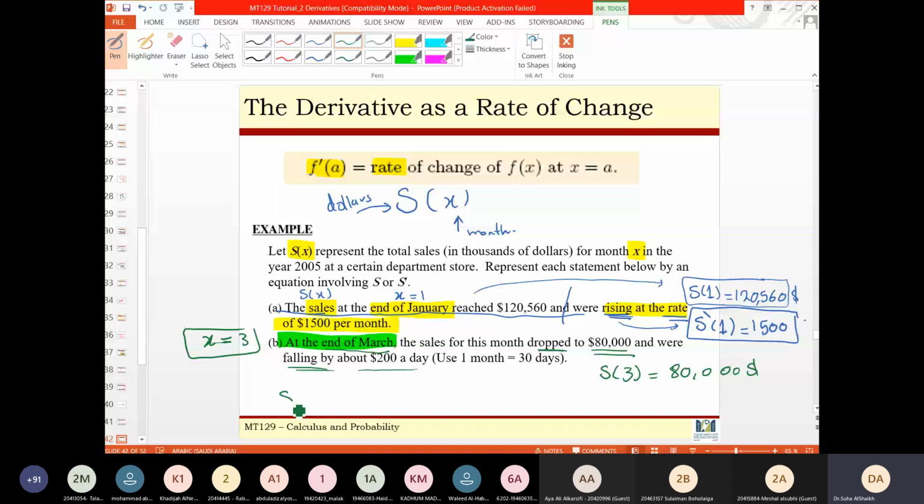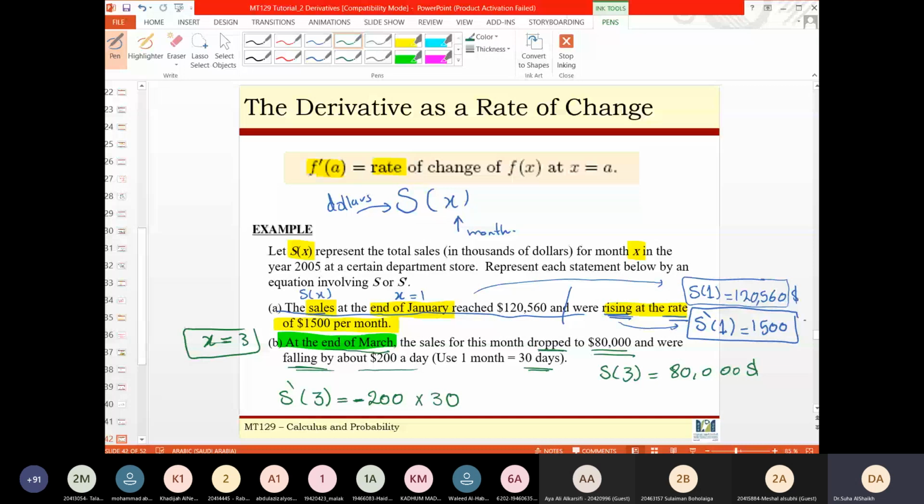It was falling by $200 each day, but I'm talking about a whole month. They said to consider a month as 30 days, so it was falling by 200 multiplied by 30. But since I have falling, it should be negative, because it's falling. It's not rising. Okay, so we can write this in summary.